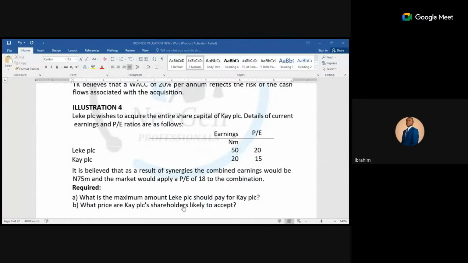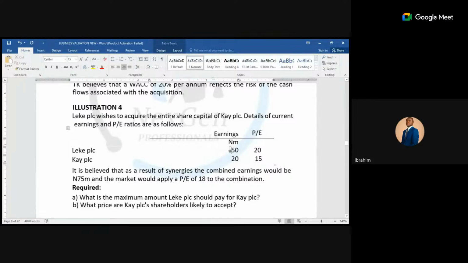I've explained that part. In a situation whereby you're not given the combined earnings and you need to determine the value of the combined company, add the profit after tax of this, add the profit after tax of this, add it together. Multiply by the average PE ratio given to you in the question, which will give you the value of the combined company.